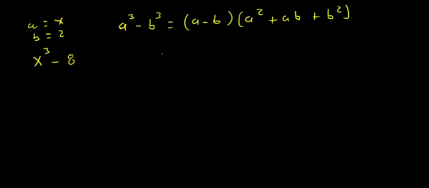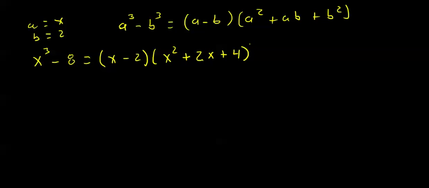Well, we just plug it into this formula. x cubed minus 8, a is x, b is 2: minus 2, times a is x, so x squared, plus a is x, b is 2, but we write the coefficient first, 2x, plus b squared, b is 2, 2 times 2 is 4. And we're done. That's all there is to it.